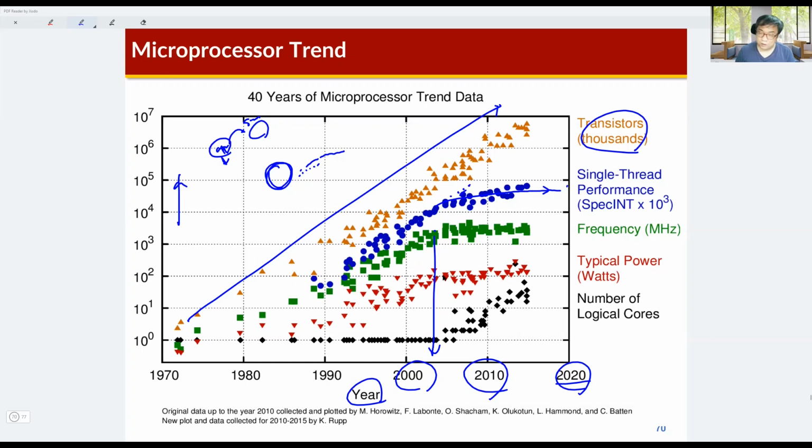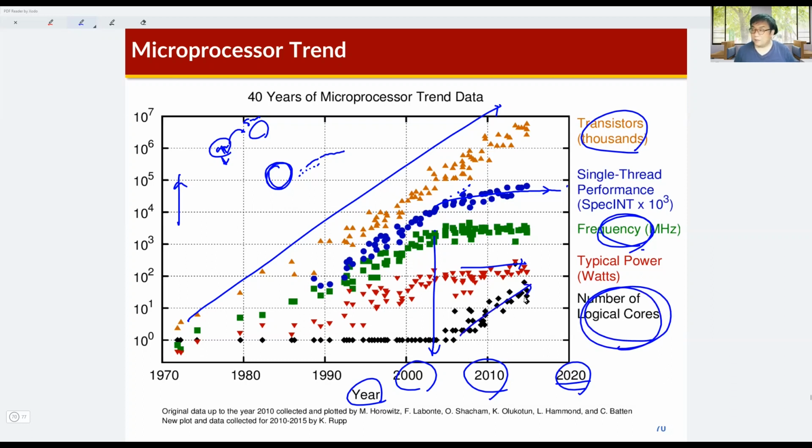And then, as you can see, the typical power is also saturated because the frequency is saturated. But what is increased? The number of logical cores.